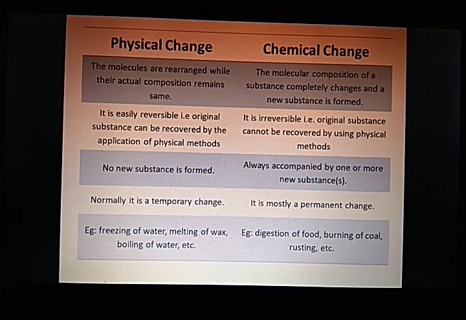There can be rearrangement, but with no change in the chemical composition or the chemical property. But in a chemical change, the molecular composition changes, the chemical property changes, the color changes, the texture changes. That's called a chemical change.